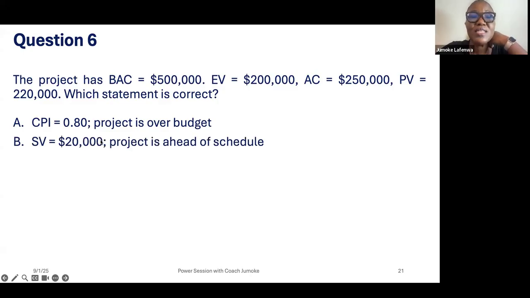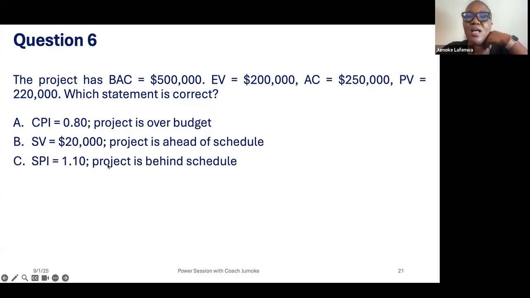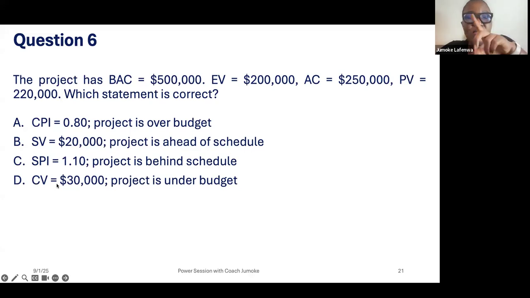Project is over budget. B, schedule variance equals 20,000. Project is ahead of schedule. C, schedule performance index equals 1.1. Project is behind schedule. D, cost variance equals 30,000. Project is under budget. Which of these is correct?